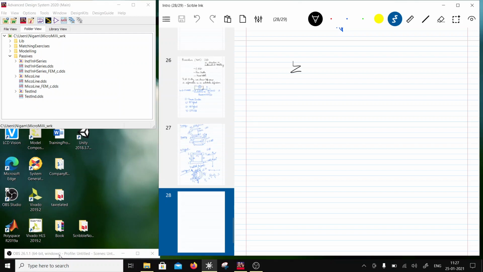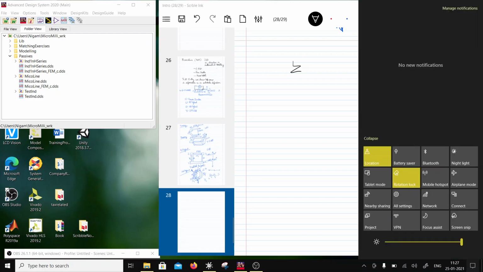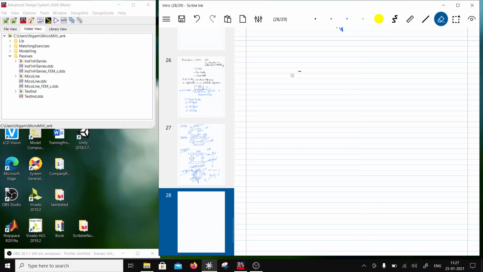So we know that for a line, Zin is equal to (e^(γL) + Γe^(−γL)) divided by (e^(γL) − Γe^(−γL)).